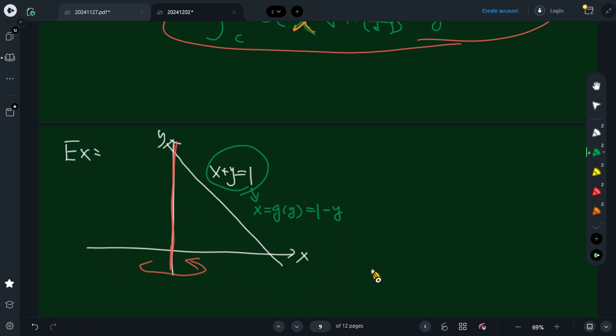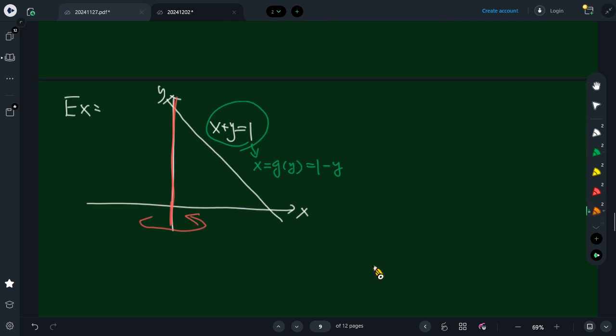If the revolution is about the x-axis, you need to change it to y equals some function of x, then it will be 1 minus x. So with a different axis of revolution, the function you face will be different.